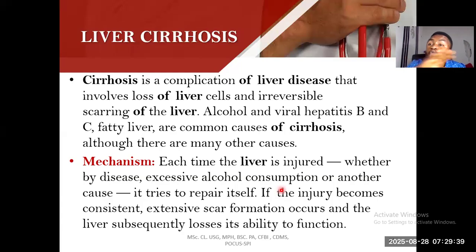It will cause it quicker than the B. But the good thing about the hepatitis C is that the body can kill the virus without you knowing. But if the body fails to kill the virus, and you didn't go for screening for them to tell you that you have the condition so that we put you on drugs, then remember, it will cause the cancer quicker than the hepatitis B.